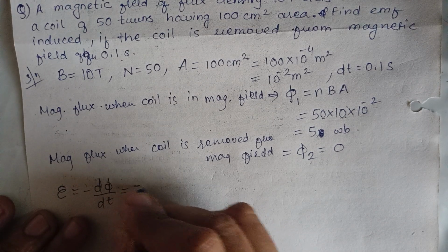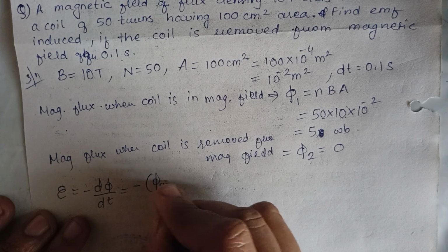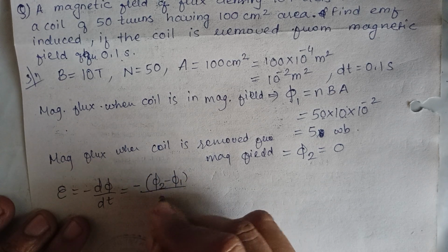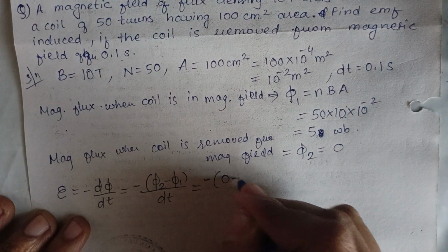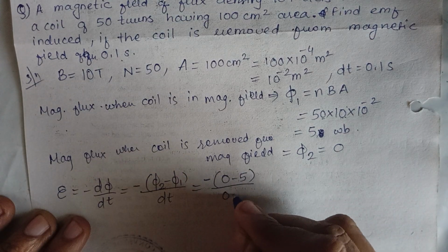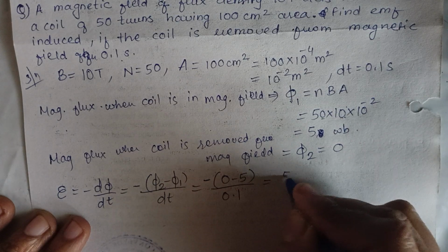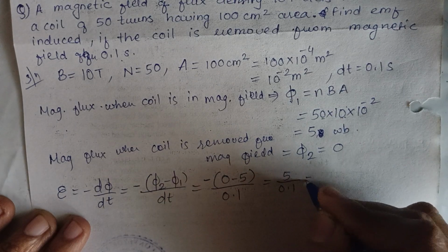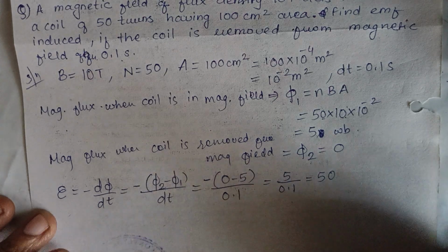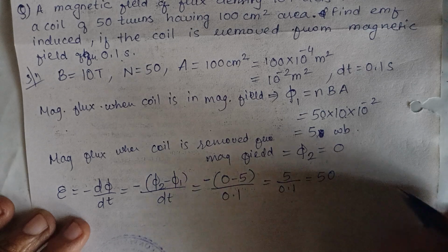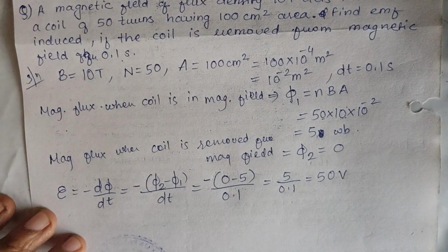Now change in flux, phi 2 minus phi 1. Phi 2 is 0 minus 5, upon 0.1. So this is 1 upon 10, so we get 50 volt.